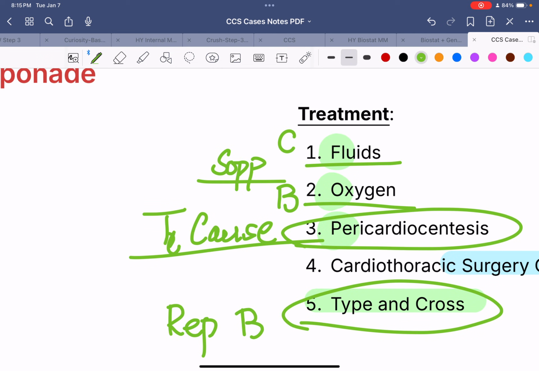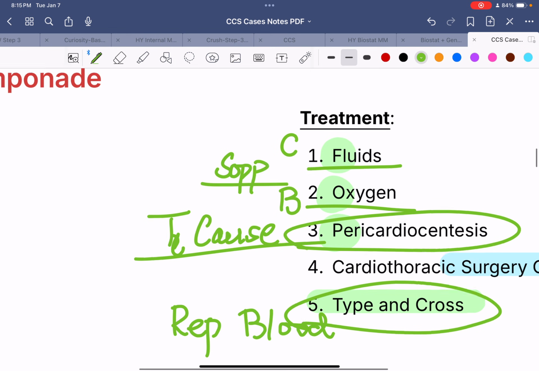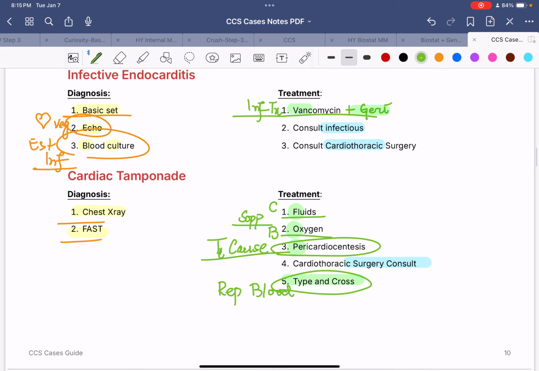So for every case, you just have to think about, okay, what is my goal? If the patient has cardiac tamponade, what is the specific test that I can do in order to establish the cause and in order to confirm the diagnosis of cardiac tamponade? So in order to confirm, just do a chest x-ray and a FAST scan. That's enough to show a globular heart, and the FAST scan to show the rapidly accumulating blood around the heart.